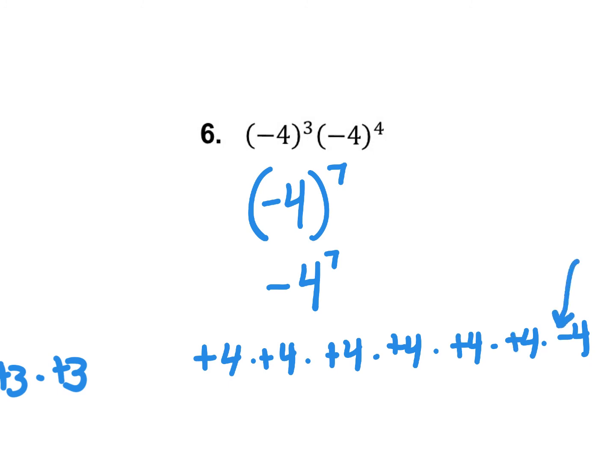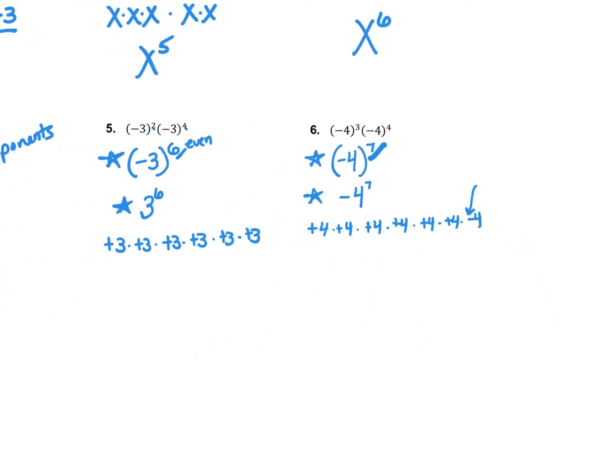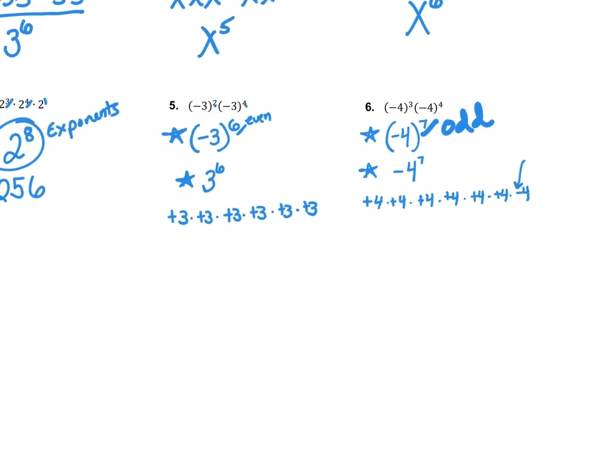So we'd need to keep it, and this would be fine with parentheses, this would be fine without parentheses. They're going to give us the same answer. And that's because this is an odd exponent. So it depends on whether the exponent is even or odd. The safe thing to do is just leave it in the parentheses, and then it will be right every time.